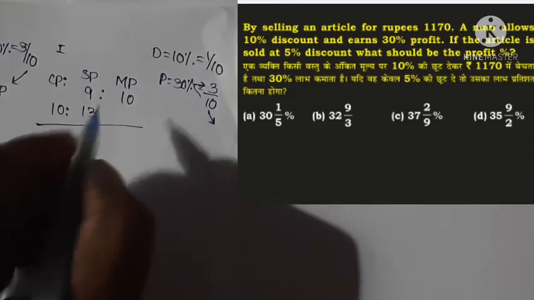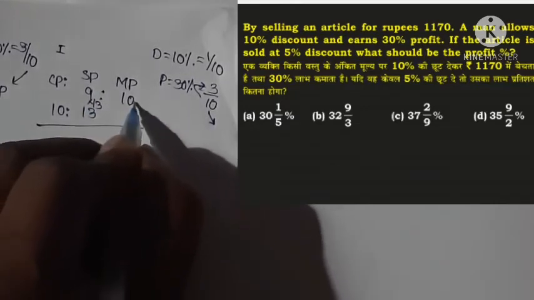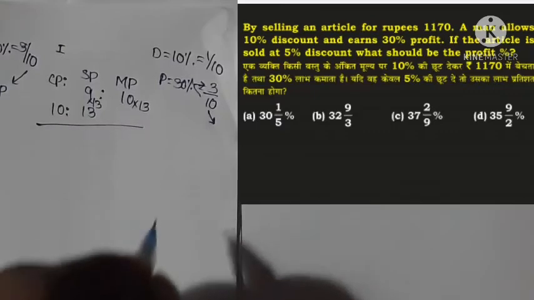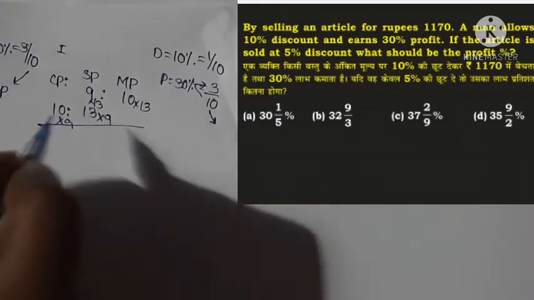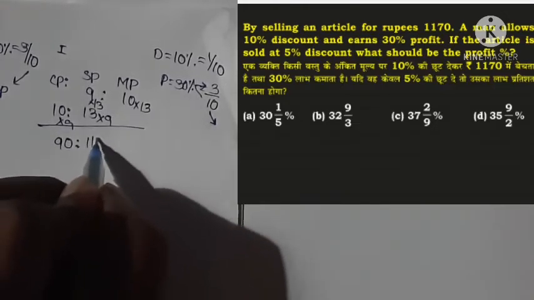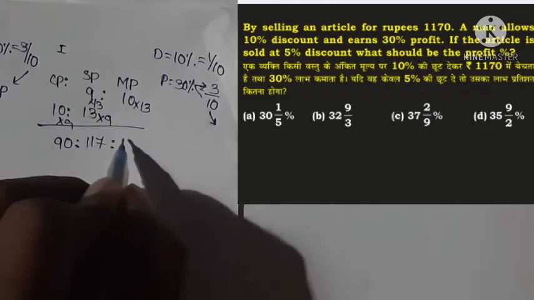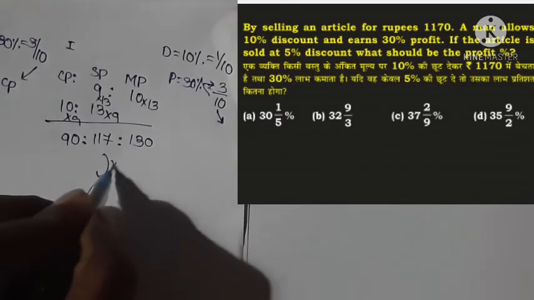So here the selling price is same. So equalize the selling price: multiply this value into 13 and this value into 9. The cost price is 90, the selling price is 117, and the mark price is 130. The selling price of the article is rupees 1170, so that means we have to multiply this value into 10.